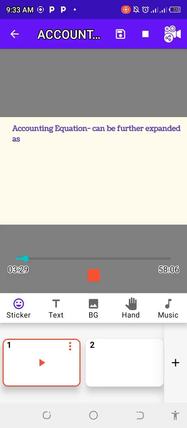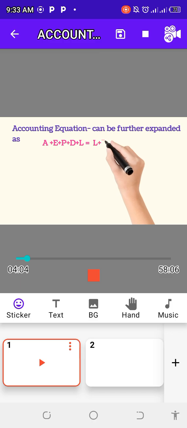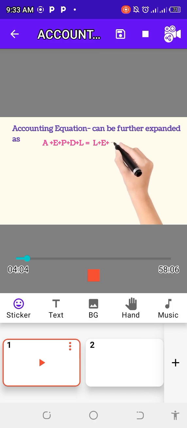Liability plus equity plus revenue item. That is A plus E plus P plus D plus L is equal to L plus E plus what? R. Yes, this is the expansion form of the accounting equation.